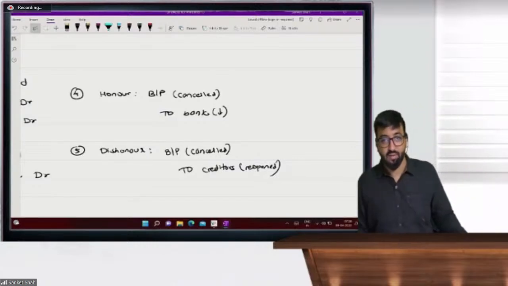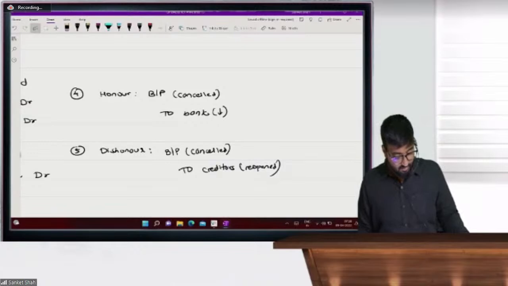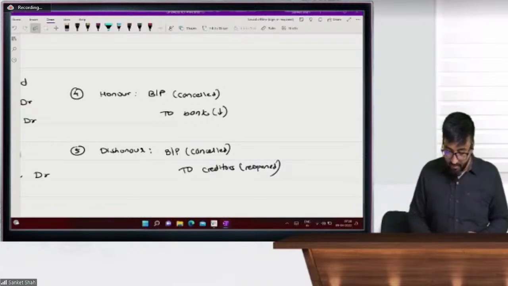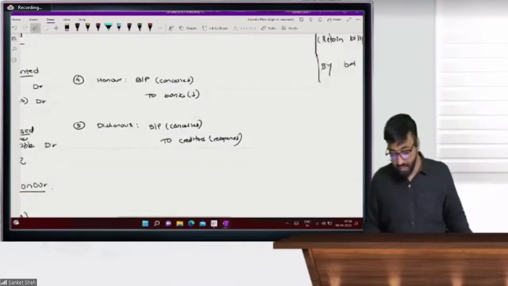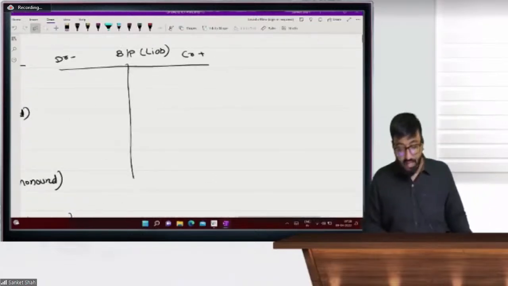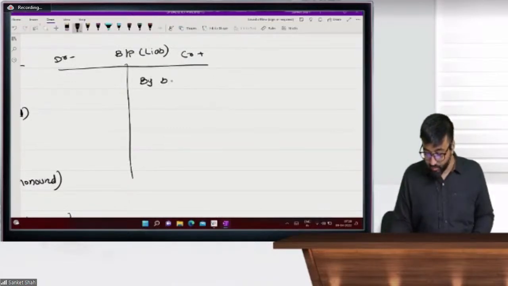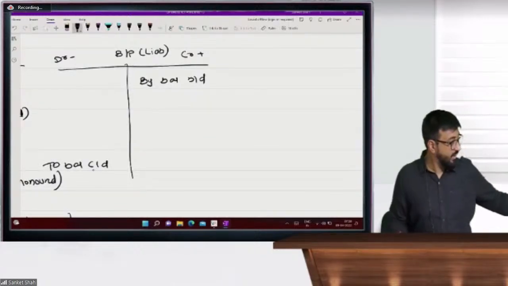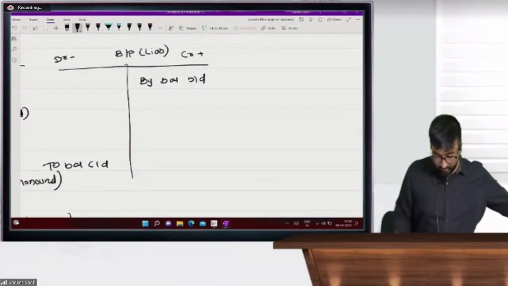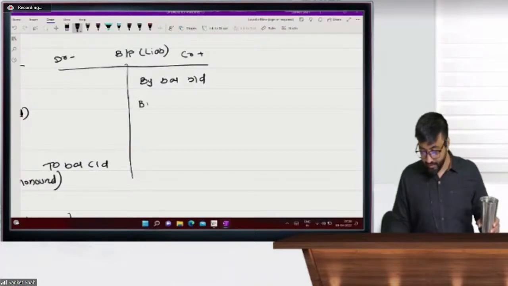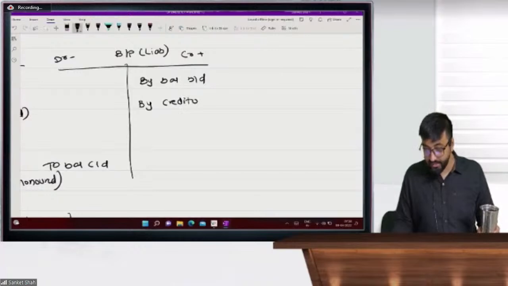Okay, हिमांशु गुप्ता ने आंसर दे दिया है. By balance brought down. बेटा शुरुआत कैसे करना था हिमांशु जी? Bills payable, what is our starting point, beta? Credit plus, it's a liability, sir. Credit plus, debit minus. By balance brought down, to balance carried down. By creditors, yes beta, by creditors they accepted the bill.